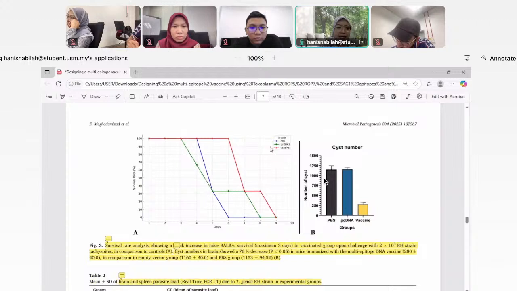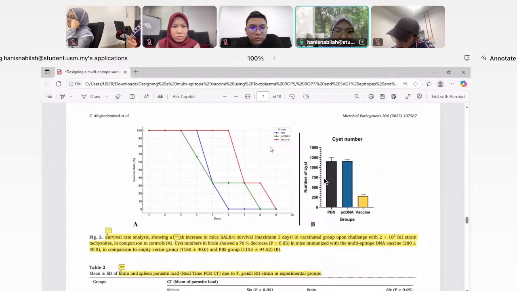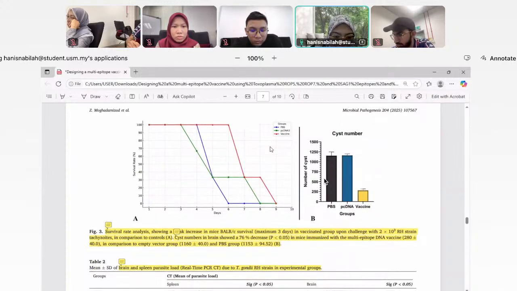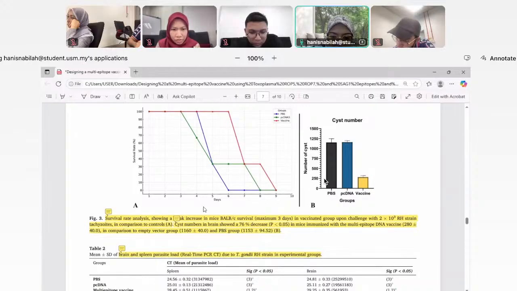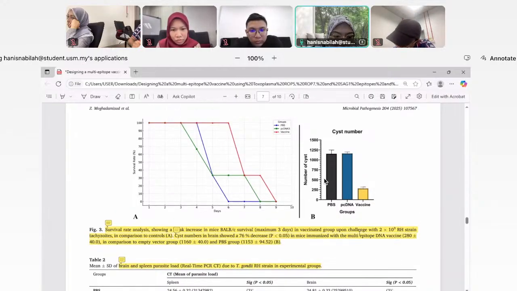And then figure 3A showed the survival rate analysis in mice infected with the RH strain, tachyzoite form.